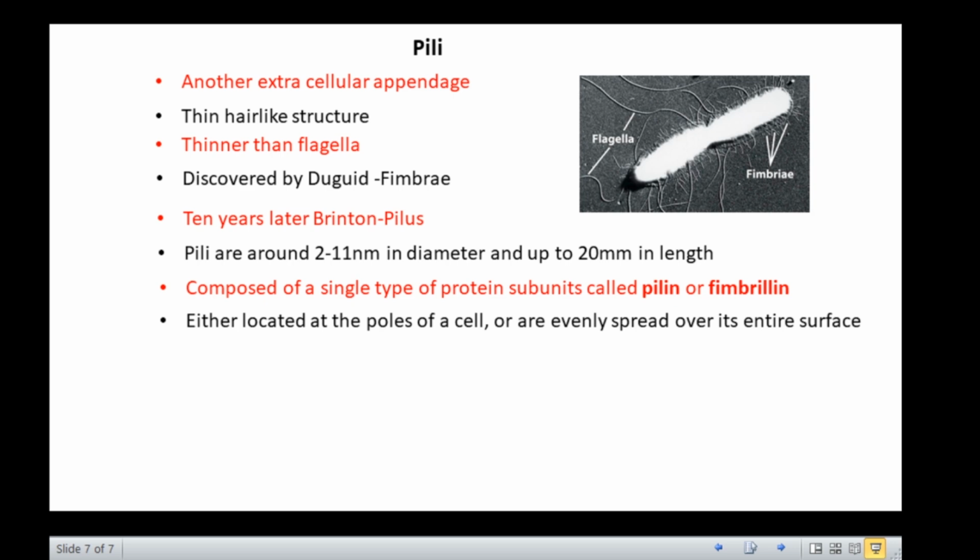Let us now discuss the functions of pili. Pili play an important role in attachment and adhesion by helping the cell to bind to solid surfaces. Because of this characteristic, pili are very important in pathogens and act as virulence factors.